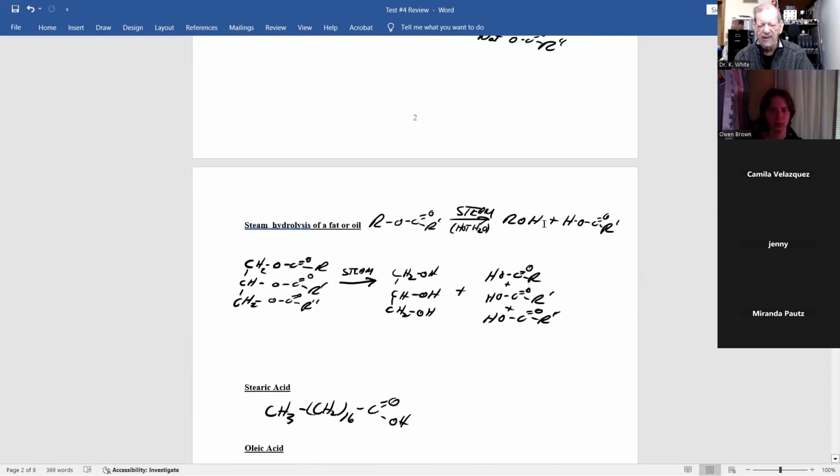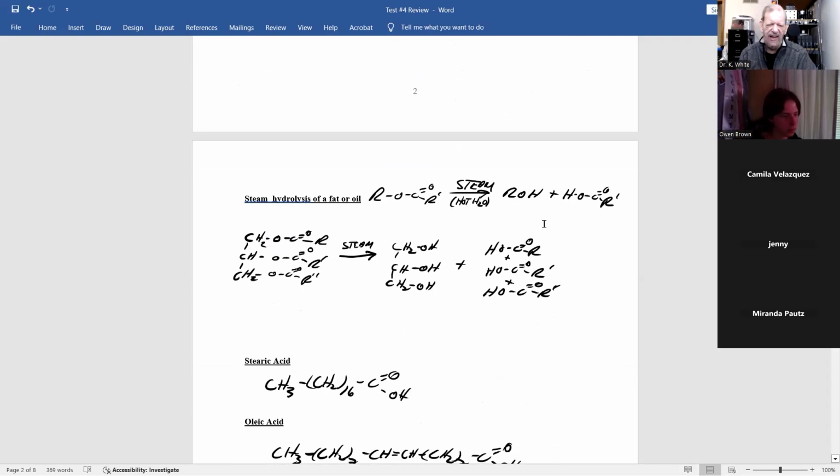Now, one thing we didn't talk about during esters for test 3 is steam hydrolysis of fat or oil. And you can catalyze the reaction by A, using a catalyst, or B, most reactions, not all, increasing the reaction temperature. And steam is very, very hot water.